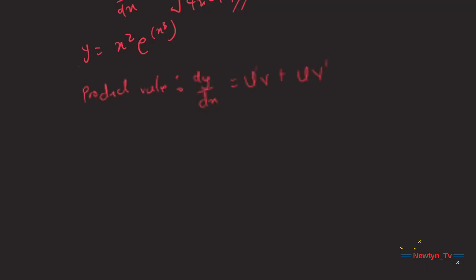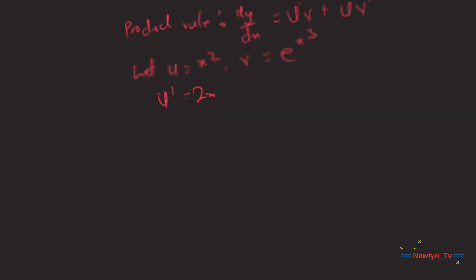Now let u be equal to x squared and v be equal to e exponent x cubed. So u prime will be 2x, and for v prime we are going to use the chain rule to do that, okay?